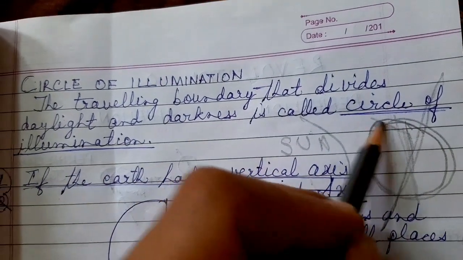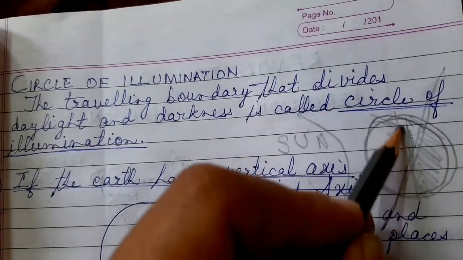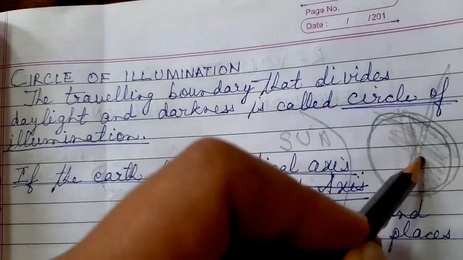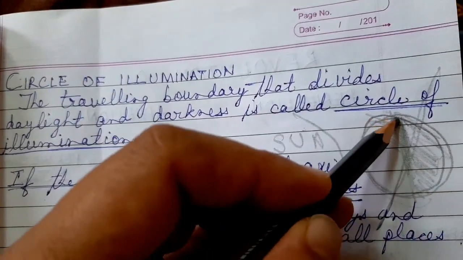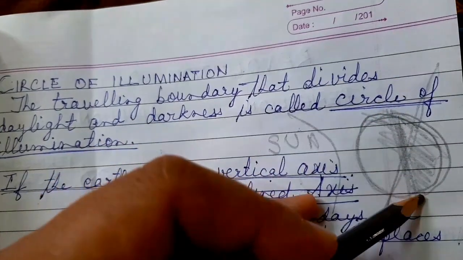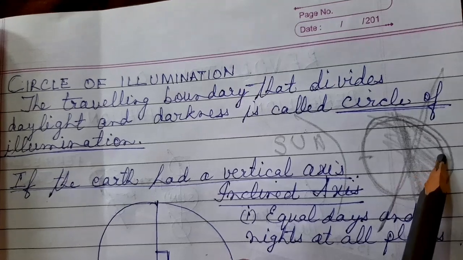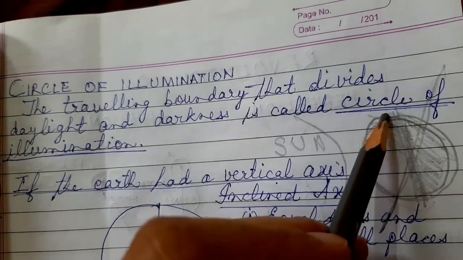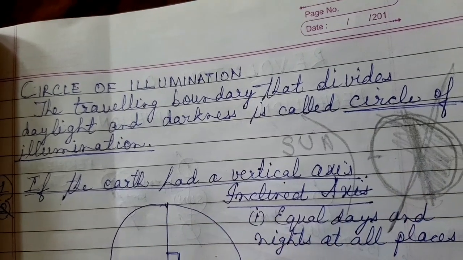So this area is going to be completely shaded. This area. And this is going to be a completely lit up area. So this traveling circle, this traveling boundary that divides the daylight from darkness is the circle of illumination. So this is the circle of illumination.